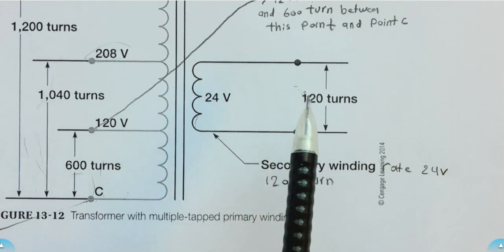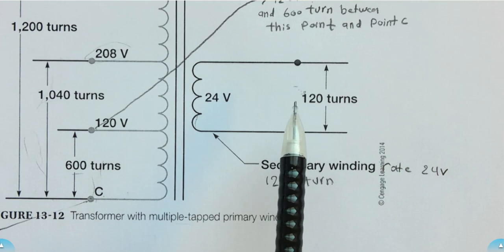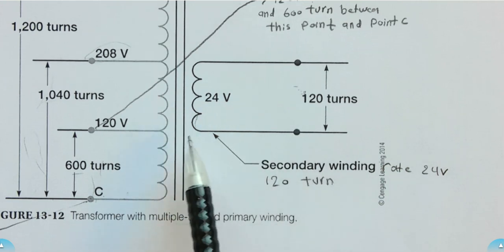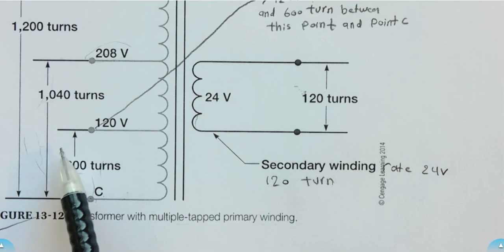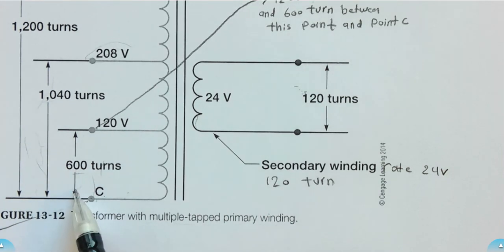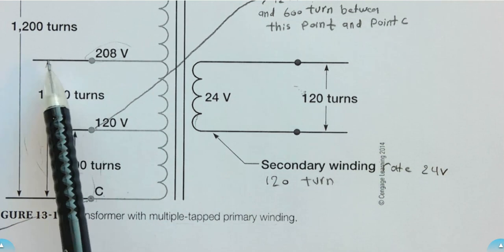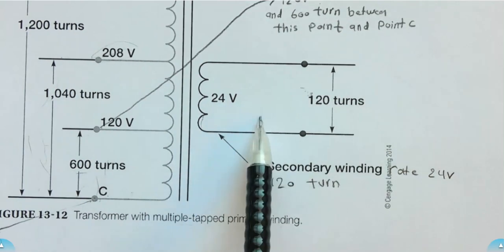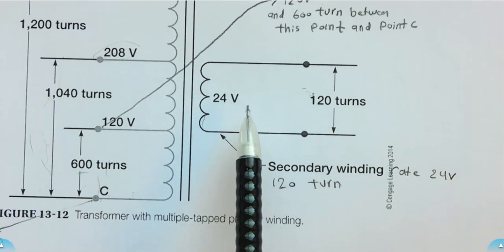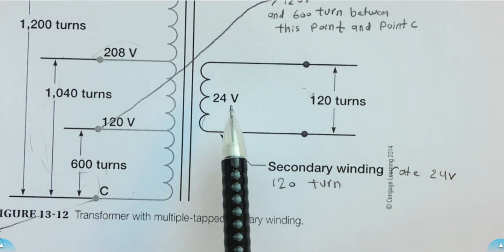He explained that we can connect the input or the source at different primary voltages. We can connect the source from this point to this point, or from this point to this point, and this will not change the voltage in the secondary.